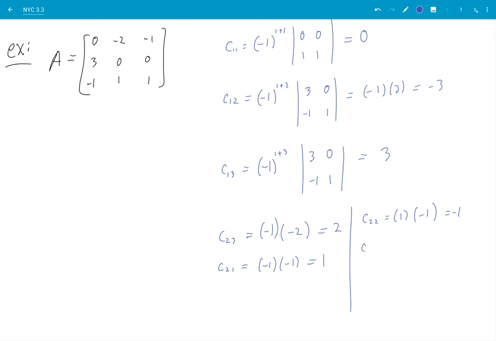I already got C23. C31: plus 1, third row, first column, 0. C32: 3 plus 2 is odd. Third row, second column, 3. Finally, C33: plus 1, and third row, third column. 0 minus negative 6 is plus 6. Giving me 6.